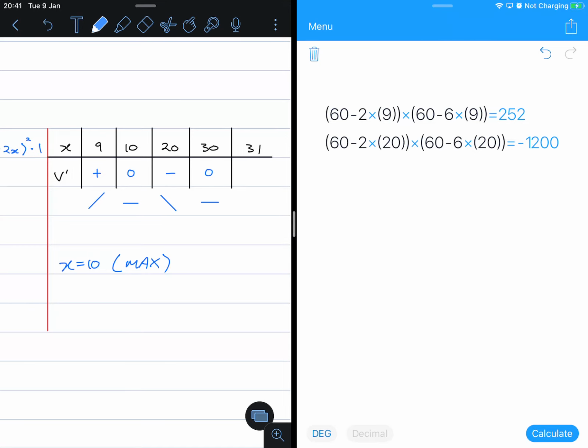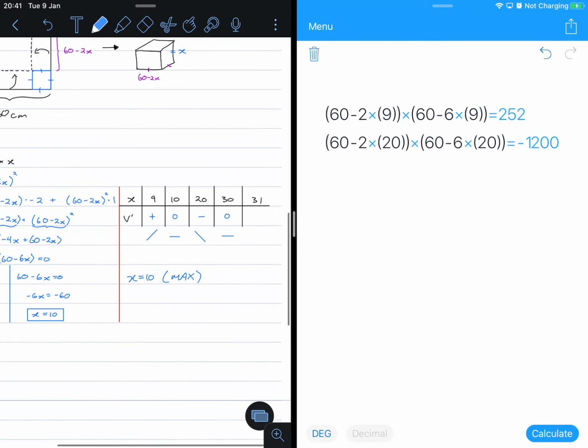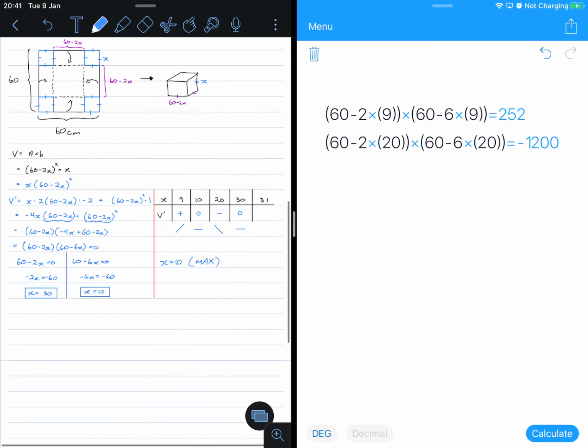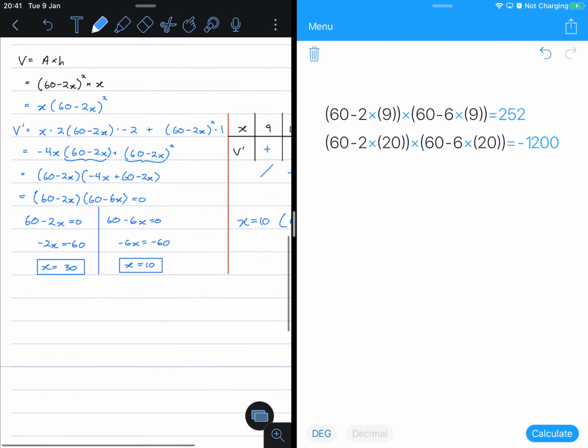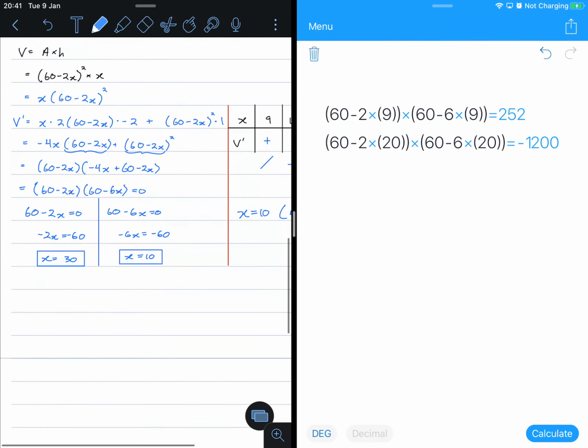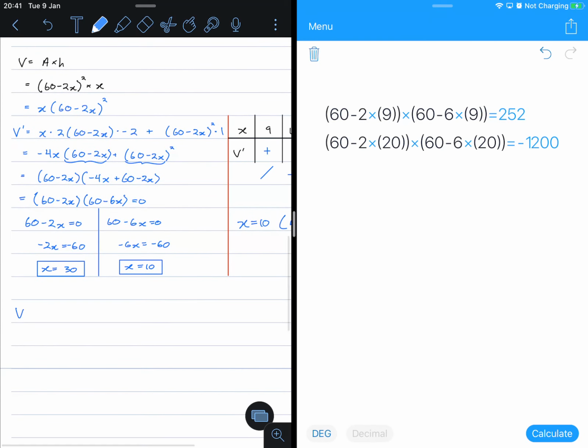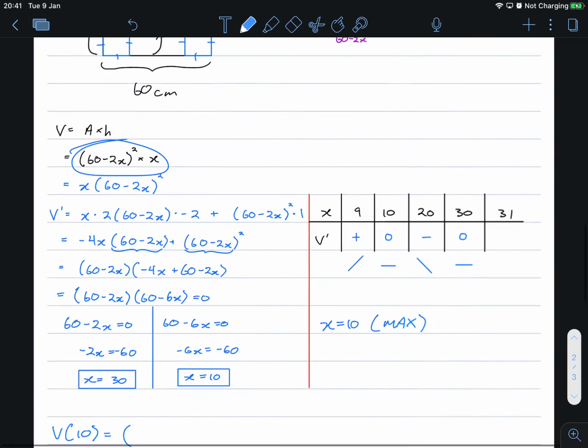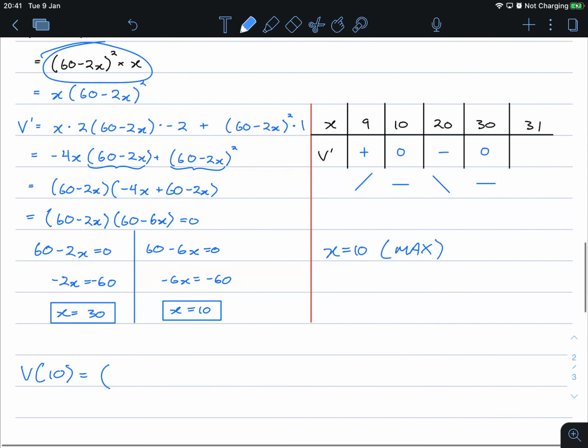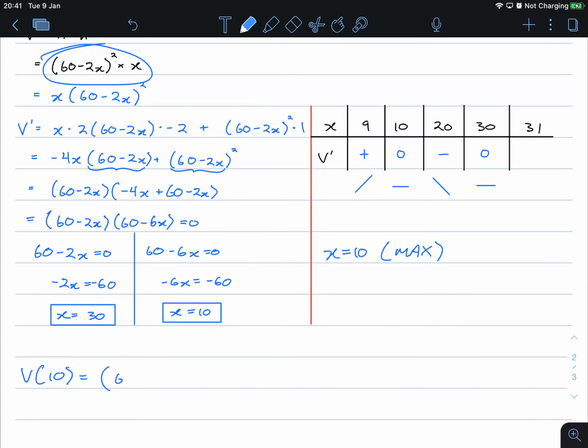So now that we have this, let's find everything that we need to know. Let's find the actual volume. So the volume at 10 is equal to, substituting into this expression here, 60 take away 2 times 10, squared, times 10.